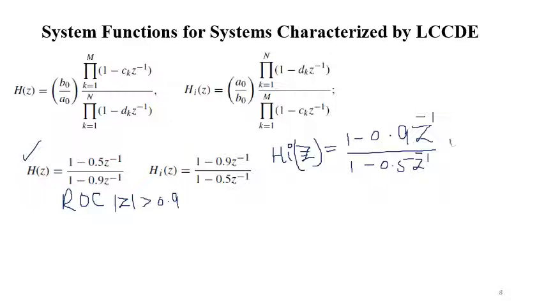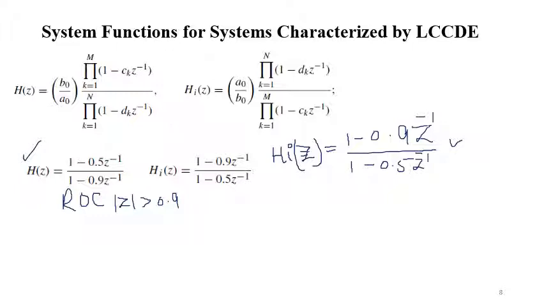Now for the inverse system we have a choice, because we know the relationship between the ROC of the inverse and the original system. For the ROC of the inverse system we have the choice that either absolute value of Z should be greater than 0.5 or absolute value of Z should be less than 0.5.